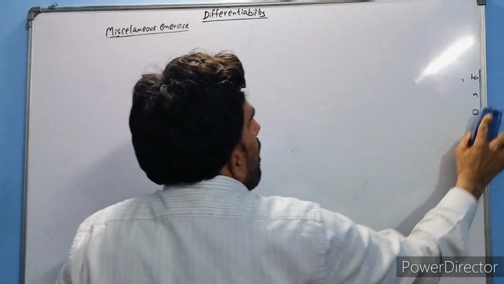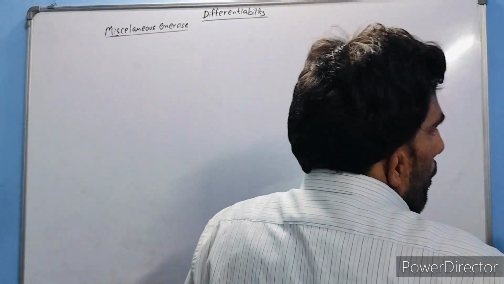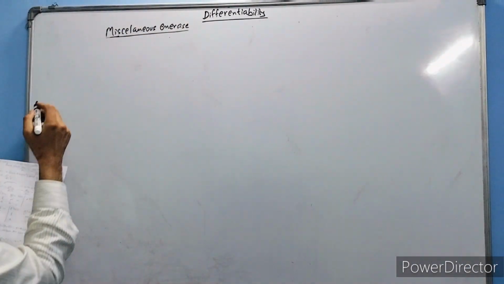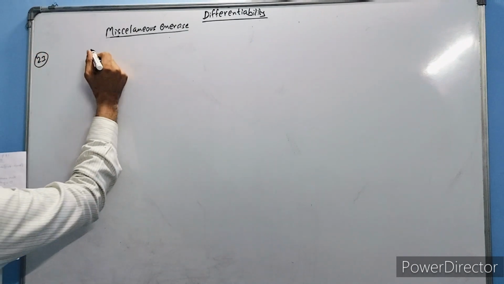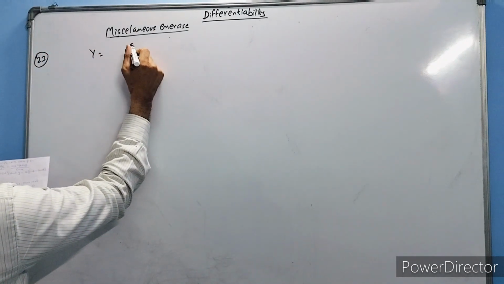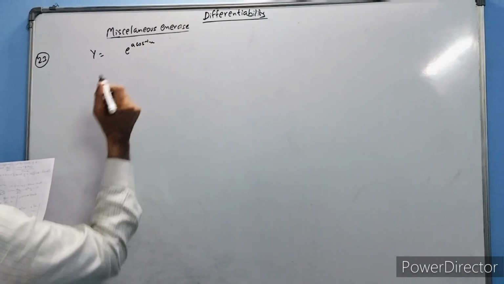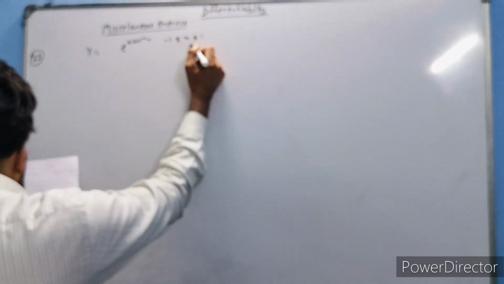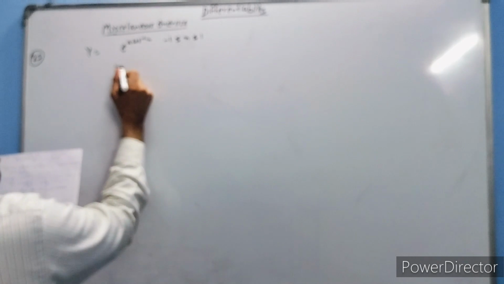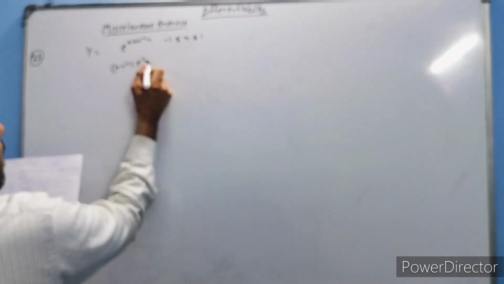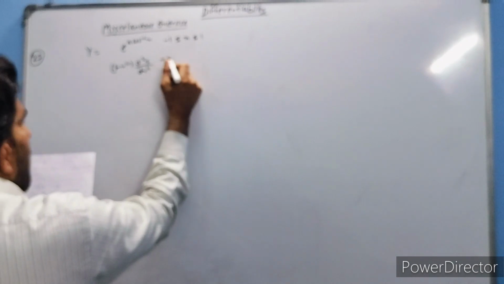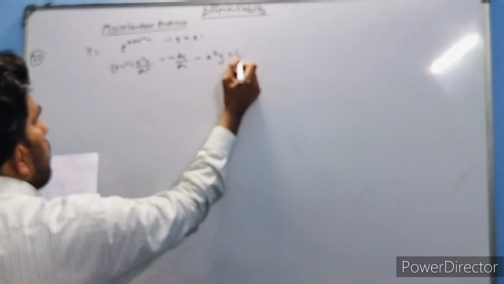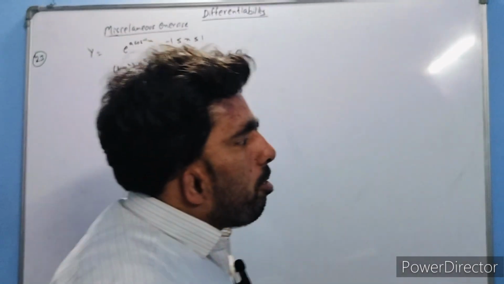So we have the 23rd question now, the last question of this exercise: y is equal to e raised to the power a cos inverse x, where x lies between −1 and 1, and we need to prove that (1 − x²) d²y/dx² − x dy/dx − a²y = 0. Okay, so we need to prove this.